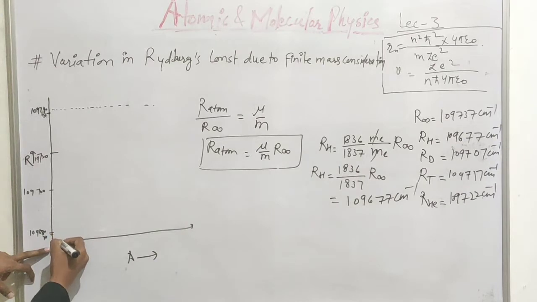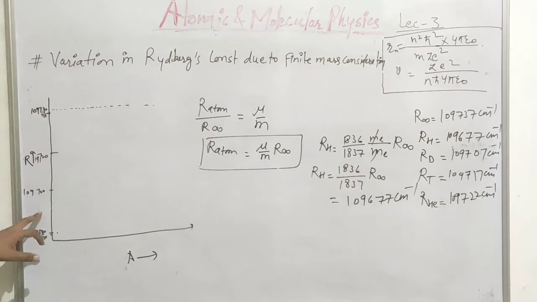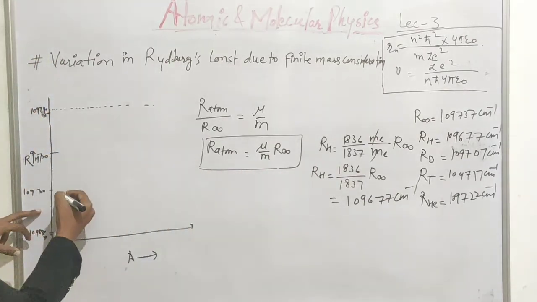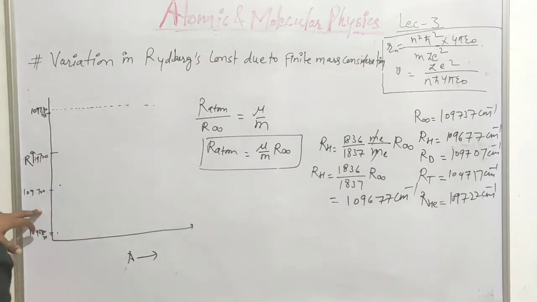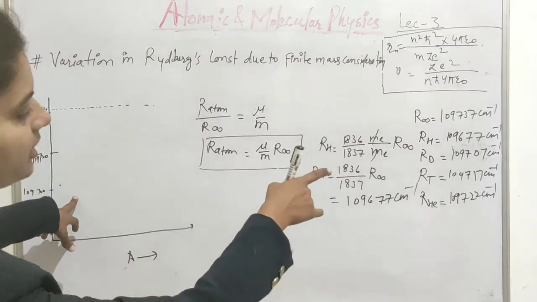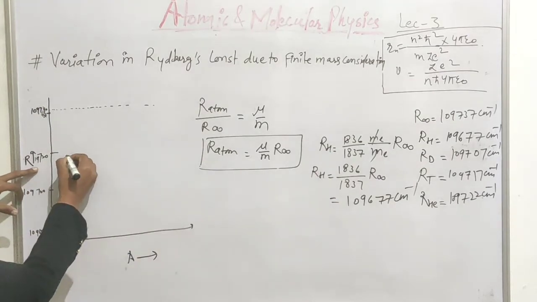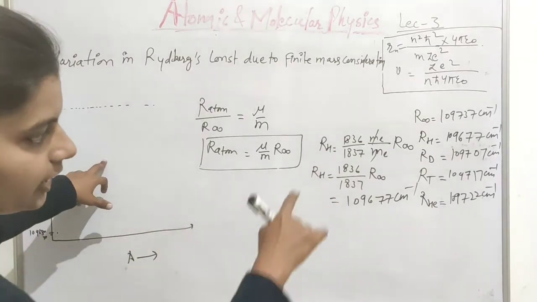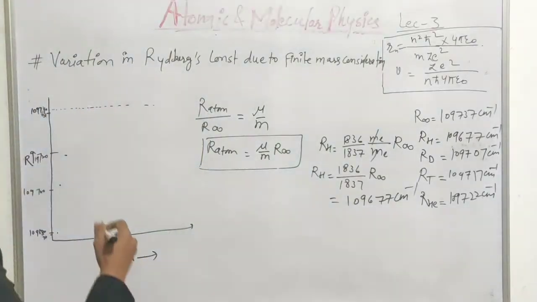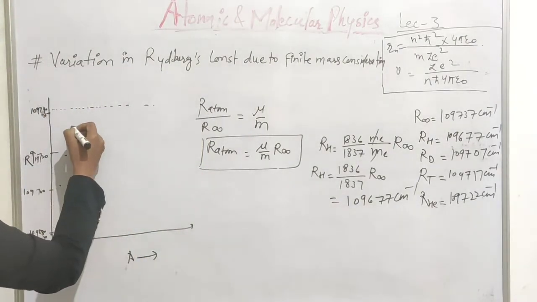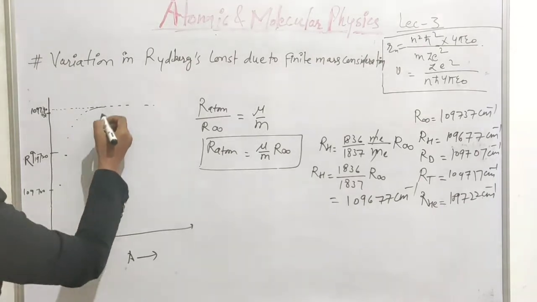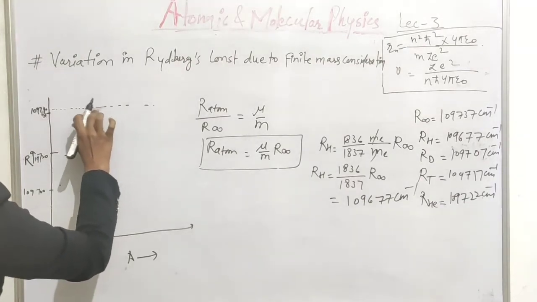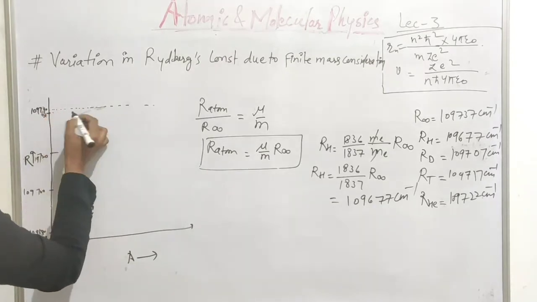Here is the atomic mass number. After that, for deuterium its value is increasing, 707. Now for tritium it comes out to be 17, and for helium this is 22. For lithium this is also going to increase and it attains its maximum value, that is R infinity. R infinity is here.